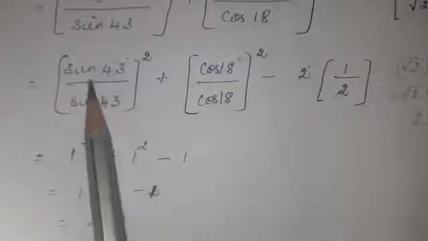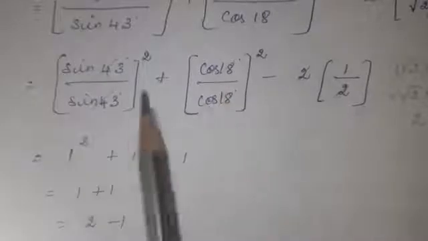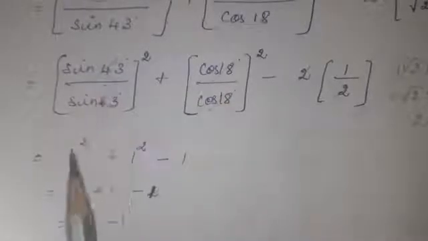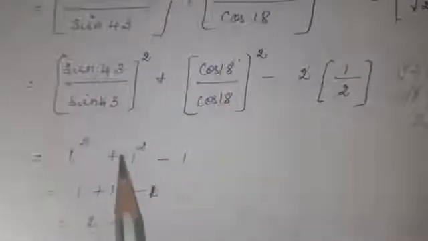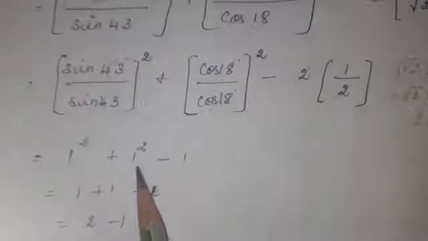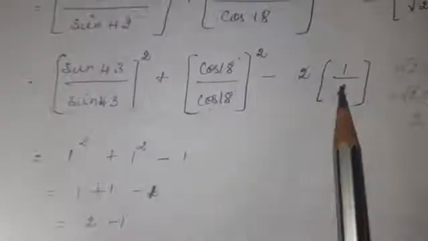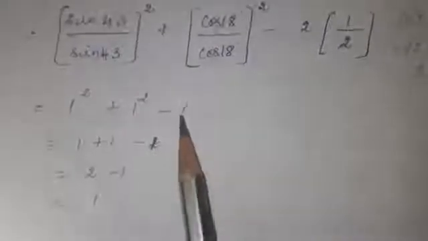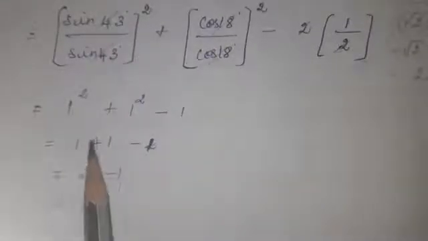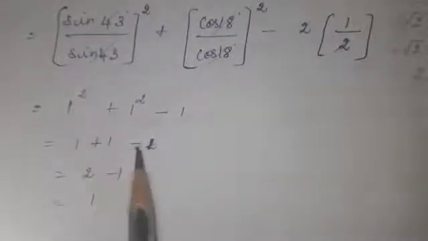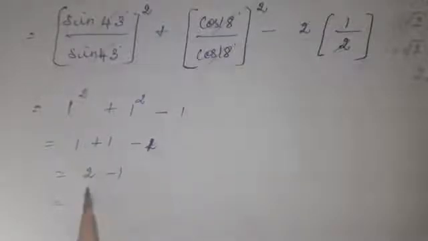Sin 43 degrees divided by sin 43 degrees cancels, and cos 18 degrees divided by cos 18 degrees cancels. So you have 1 squared plus likewise 1 squared, minus the remaining 1. So 1 squared is 1, plus 1, minus 1. 1 plus 1 is 2, minus 1. The answer is 1.